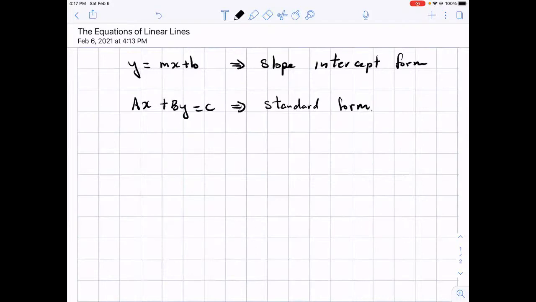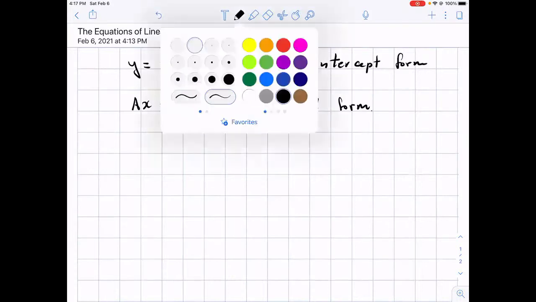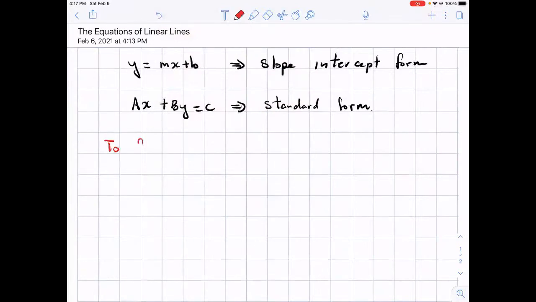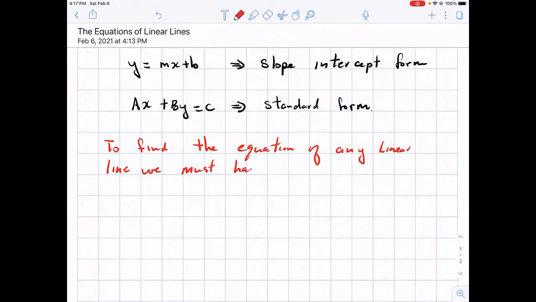So in this video, we want to talk about how we get the equation of a line with some information given. In order to find the equation of a line, you must know the slope of the line. To find the equation of any linear line, meaning straight line, we must have the slope.